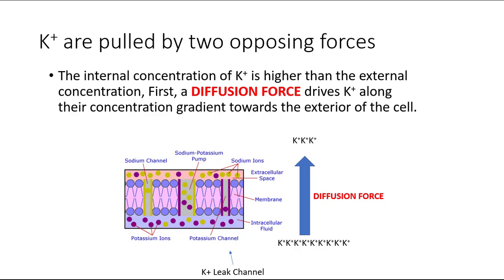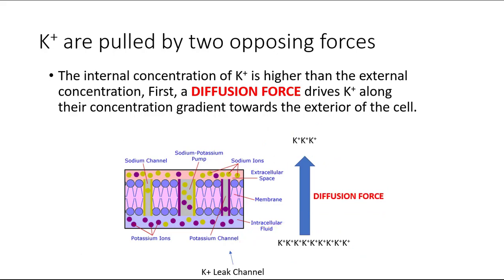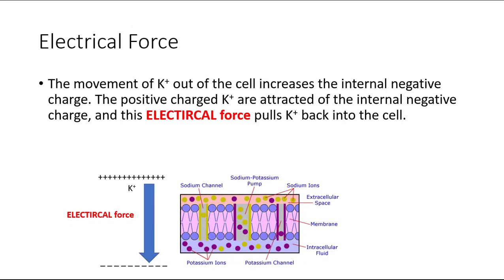The internal concentration of potassium is higher than the external concentration. First, a diffusion force drives potassium along its concentration gradient toward the exterior of the cell. However, the movement of potassium out of the cell increases the internal negative charge.